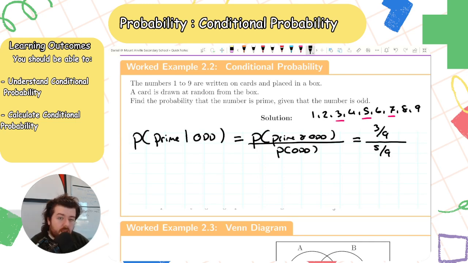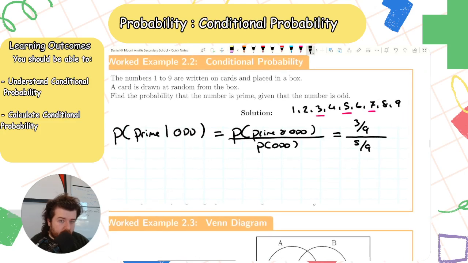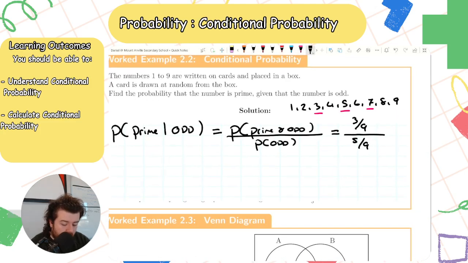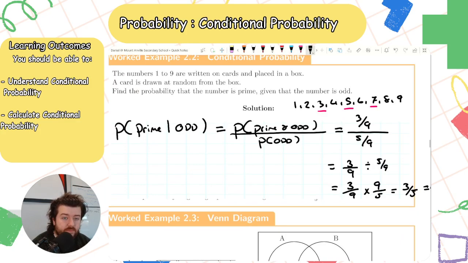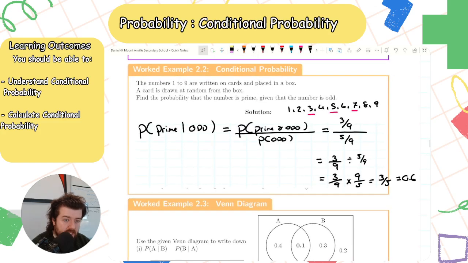So it's going to be 3/9 over 5/9, which is the same as 3/9 divided by 5/9, which is the same as 3/9 multiplied by 9 over 5, which is 3 over 5, which is 0.6. And that makes sense. So the probability it's prime given it's odd is 0.6.